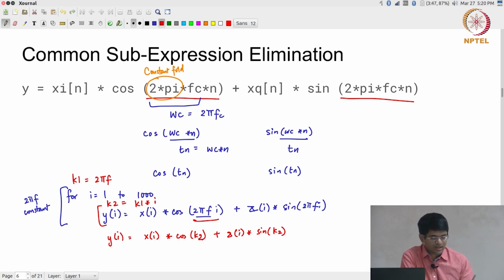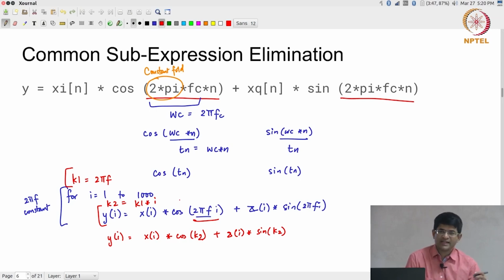Right? So you see what's happening over here. If I had not done this step, k1 equals 2 pi f, I would still have to do 2 into pi into f over here, which would happen 1000 times inside the loop, unnecessary multiplication. Okay? I can replace that with one multiplication which goes outside and then do it internally.